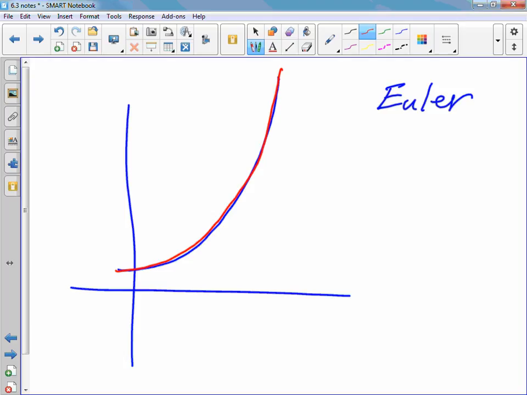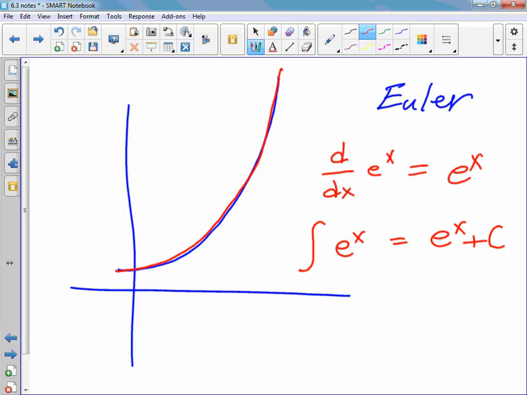So the derivative with respect to x of e to the x equals e to the x. So the antiderivative of e to the x, wait for it, blow your mind, equals e to the x plus C.